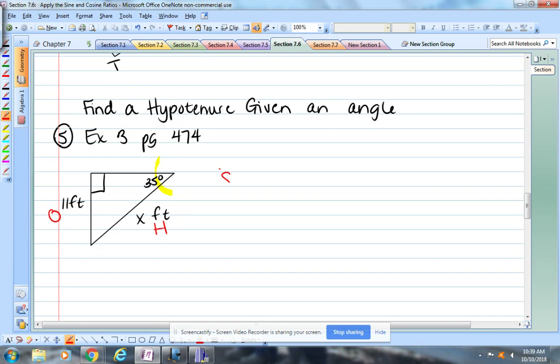So we're going to say sine of 35 degrees equals opposite over hypotenuse, so 11 over x. And we're going to do this very similar to how we did tangent yesterday. We have to solve that equation for x. So we have to get it out of the denominator, so multiply both sides by x.